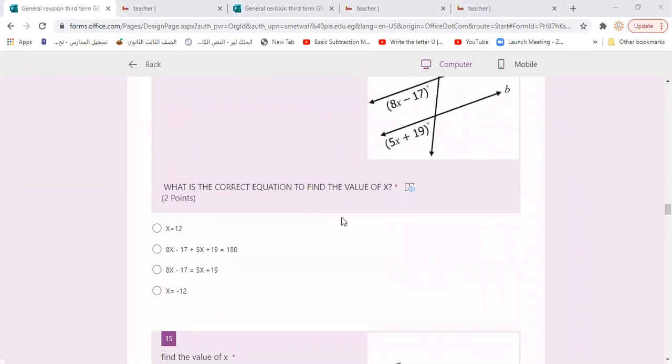In this question, what is the correct equation to find the value of x? The third one. Why didn't you choose the first one?